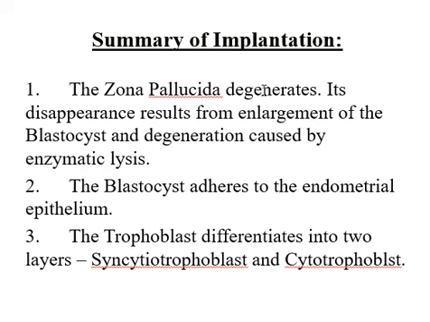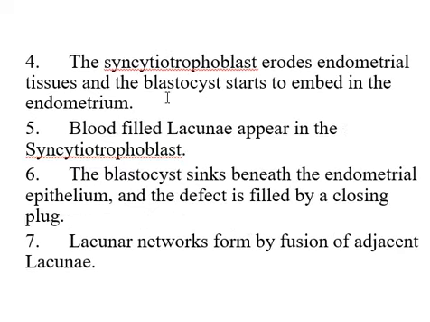The zona pellucida degenerates. It disappears, which results from enlargement of the blastocyst and degeneration caused by enzymatic lysis. The blastocyst adheres to the endometrial epithelium. The trophoblast differentiates into two layers, the syncytiotrophoblast and cytotrophoblast.